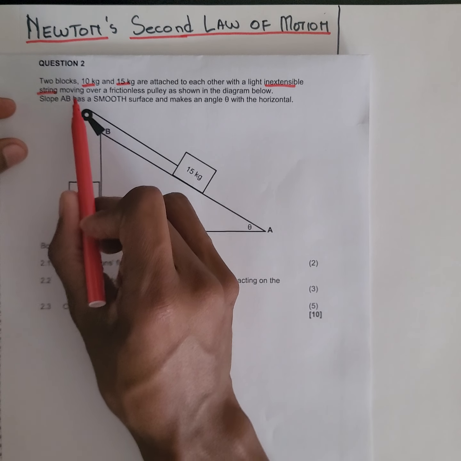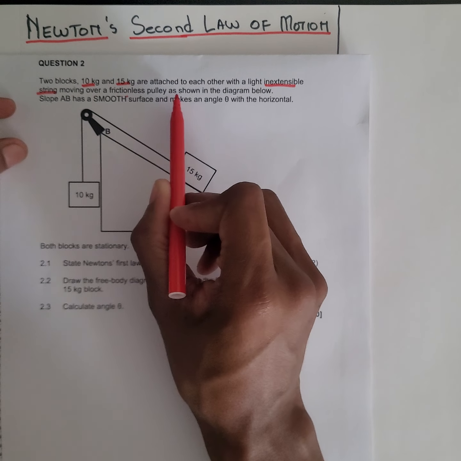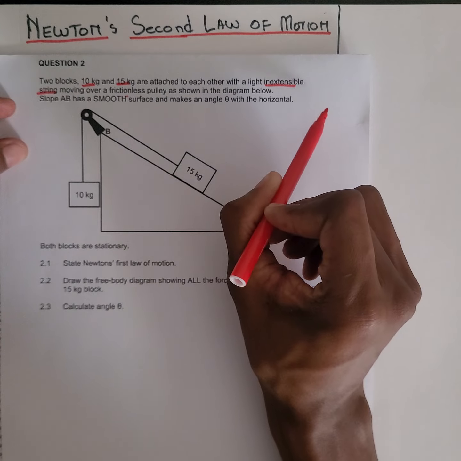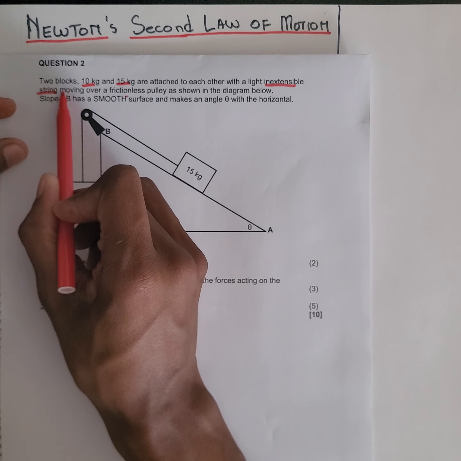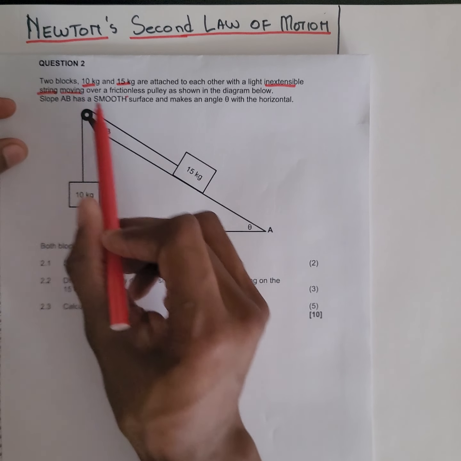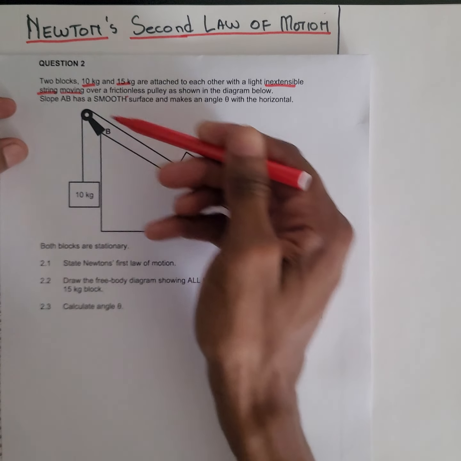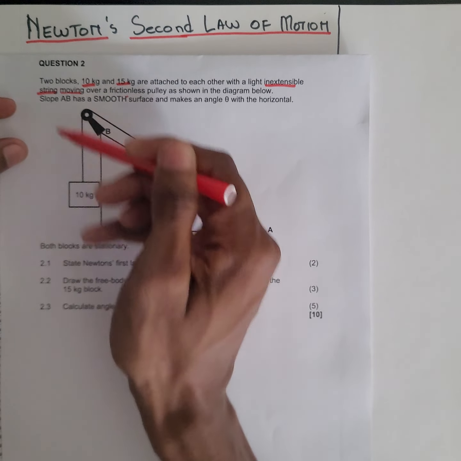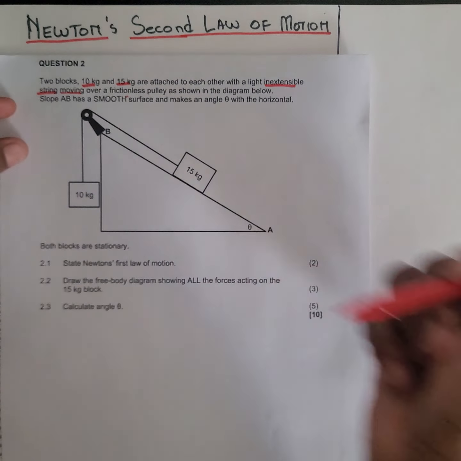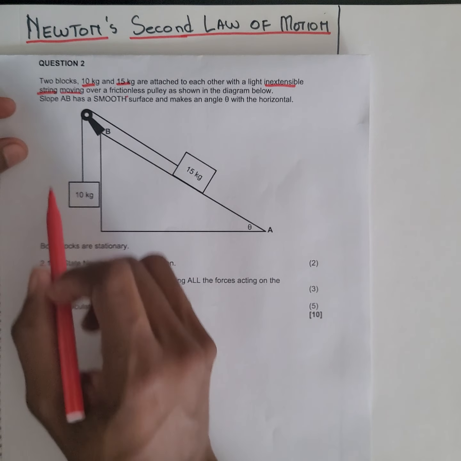And then moving over a frictionless pulley as shown below. Ladies and gentlemen, this talks about the string. The string is the one that is moving over the frictionless pulley, as shown below.